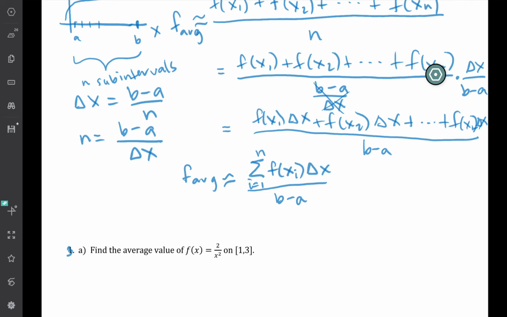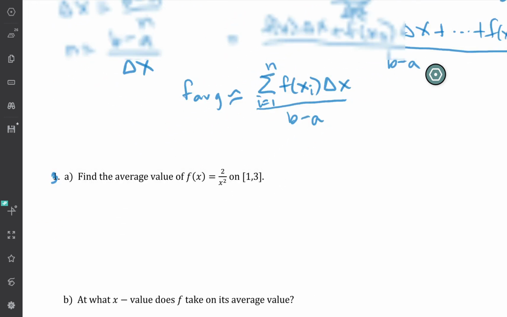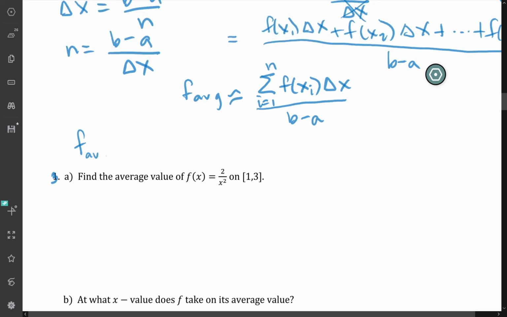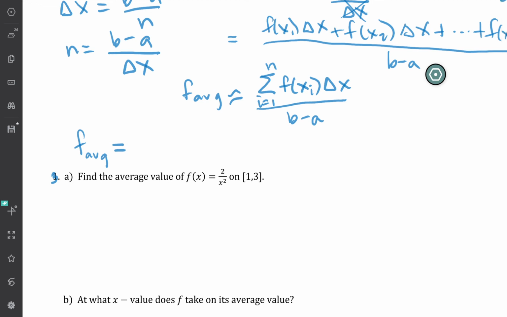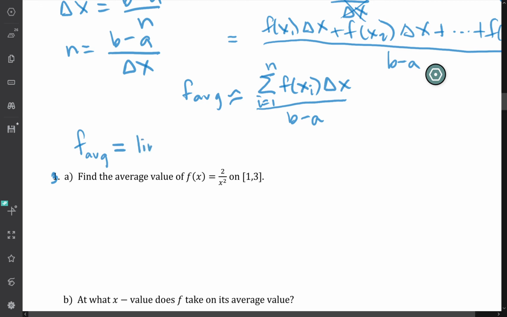So now, if we want the exact value instead of the approximation, so now we're going to actually claim equals, all we have to do is let the number of subintervals go to infinity. So we're going to take the limit as n approaches infinity of the sum of the f of xi's times delta x's divided by b minus a. Oh, and let's see if I can sneak this in. i needs to start at 1 and stop at n.